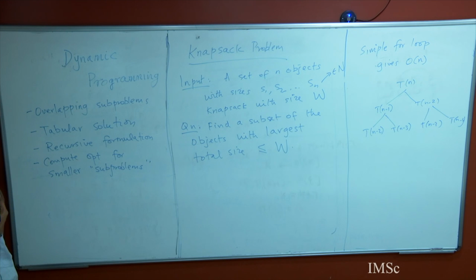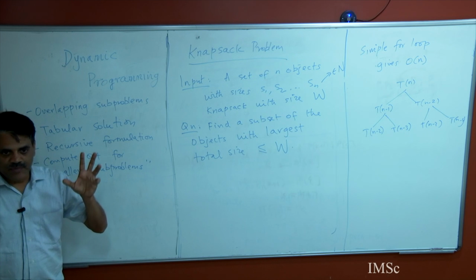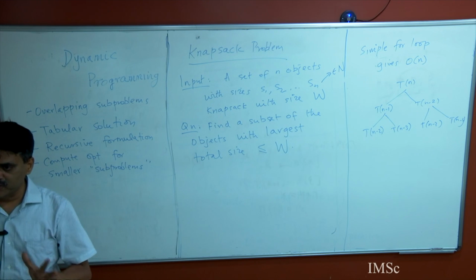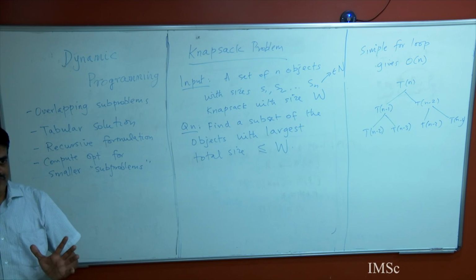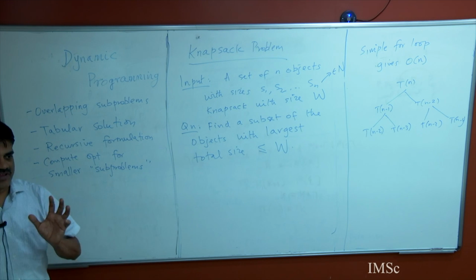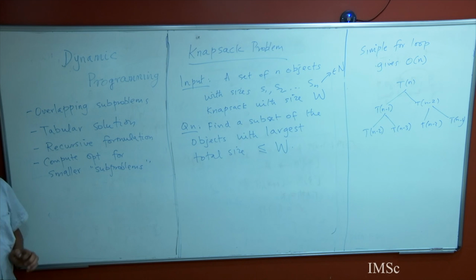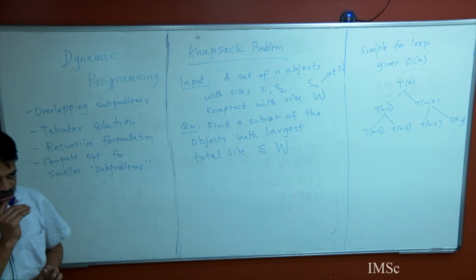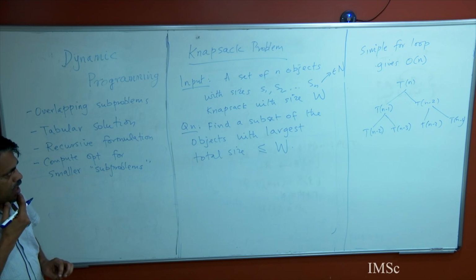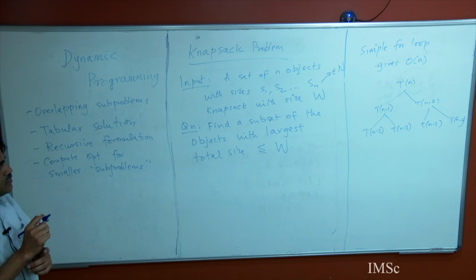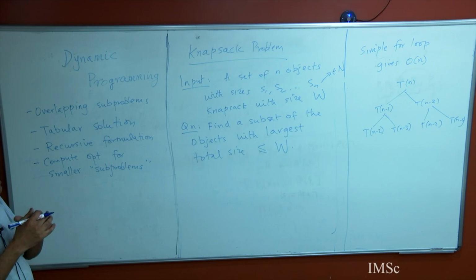So, let us think of what would be a recursive formulation. It depends on some choice you make, the first choice. The good thing about dynamic programming is that in some sense we will work through all possible solutions. So, the proof of correctness is easy because we will try all possibilities in some sense. Okay.